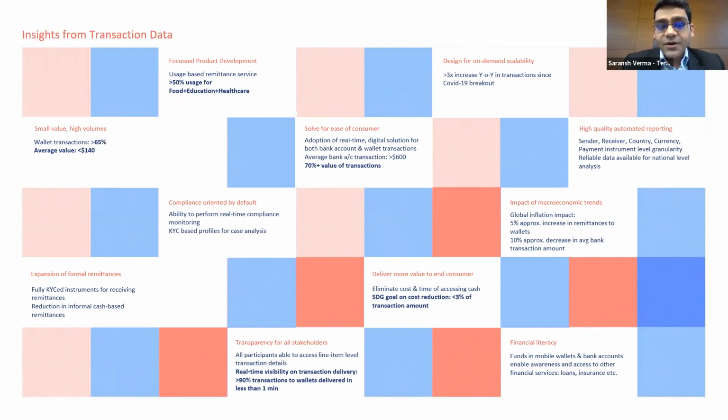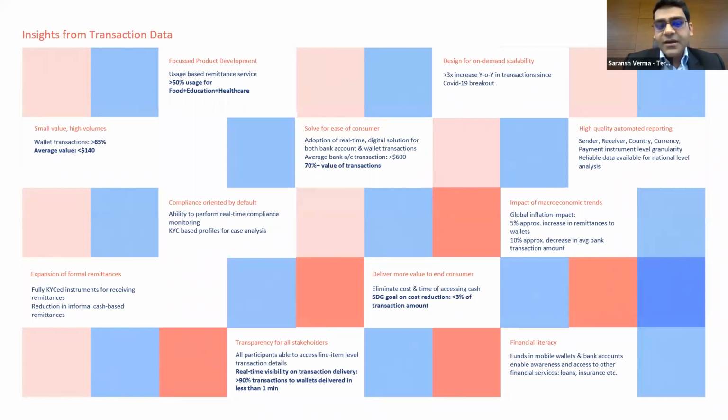We are able to perform real-time compliance, as well as build KYC-based profiles for case analysis, which is very important because someone could be using multiple IDs to transact and do transactions above what would constitute normal thresholds, etc. We are able to use a lot of data points using sender information, their contact details, their KYC details, etc., and build KYC-based profiles.